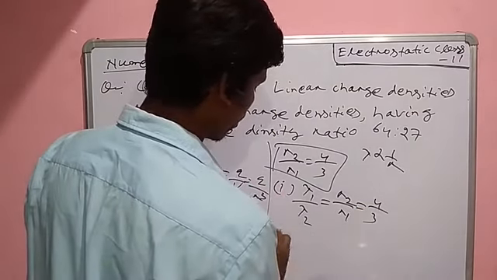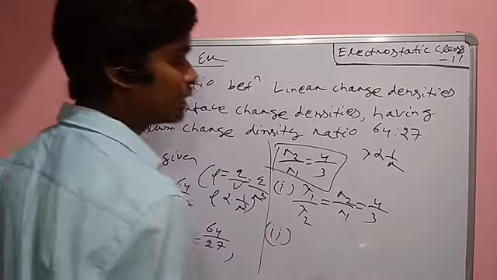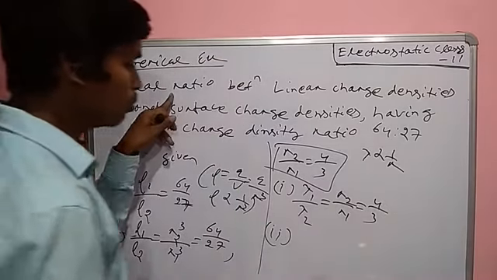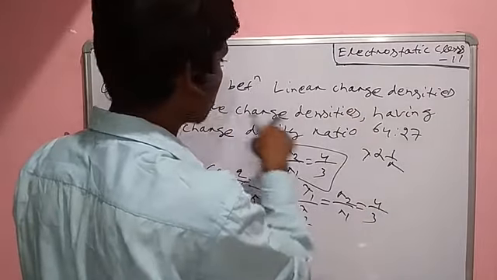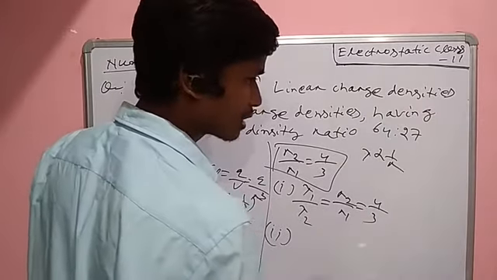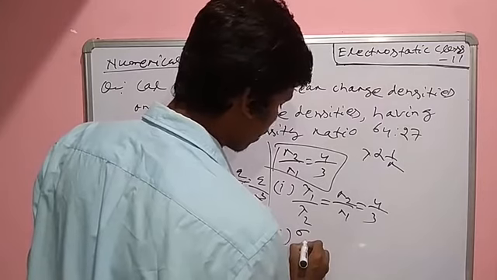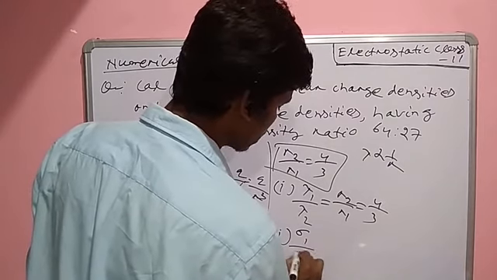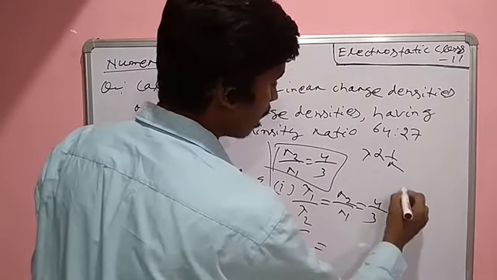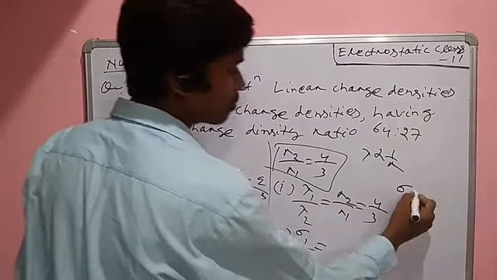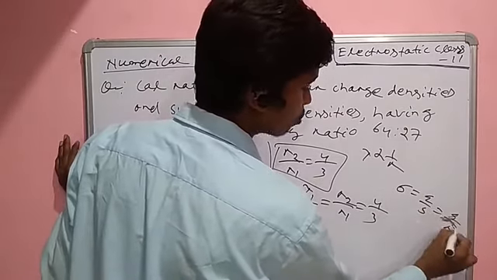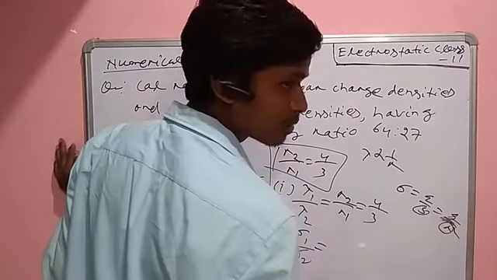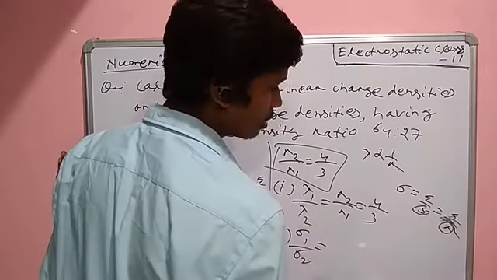Similarly, second, the question asks, after linear, the surface charge density. Surface charge density is sigma 1 by sigma 2. Sigma is equal to q by s, which is equal to q by r square, since area means square of side.